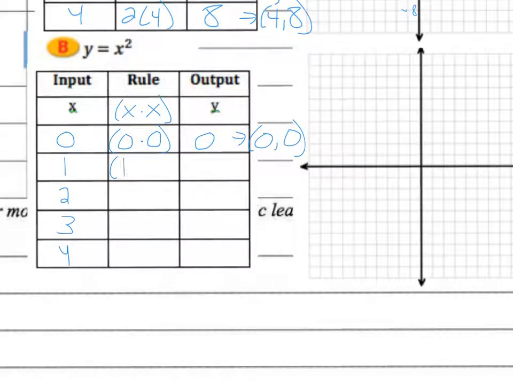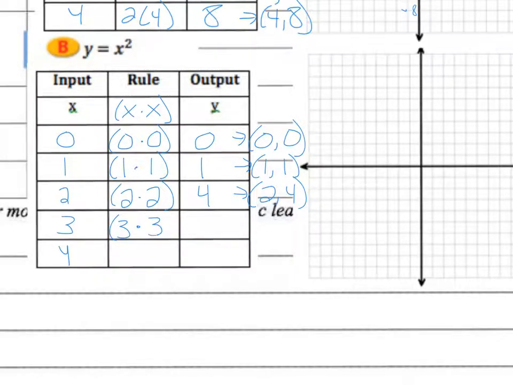So when I put in 0 for x, I got out 0 for y. Then I'm going to put in 1. So 1 multiplied by itself is going to be 1. When I put in 1 for x, I got out 1 for y. Now I'm going to put in 2. So 2 multiplied by 2 is 4. When I put in 2 for x, I got out 4 for y. Then I have 3.